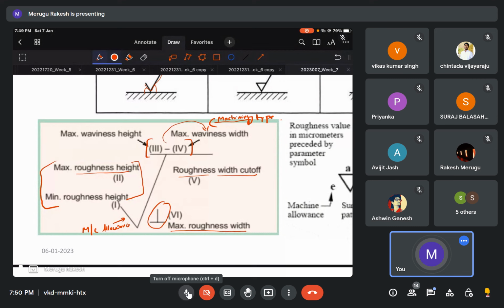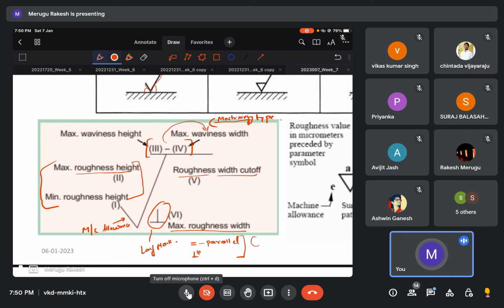This is the lay mark, you can say. If you want to see the types of lay mark: if you give this equal-to symbol, that represents a parallel lay mark. There is also the perpendicular one; the symbol itself denotes the perpendicular lay mark.